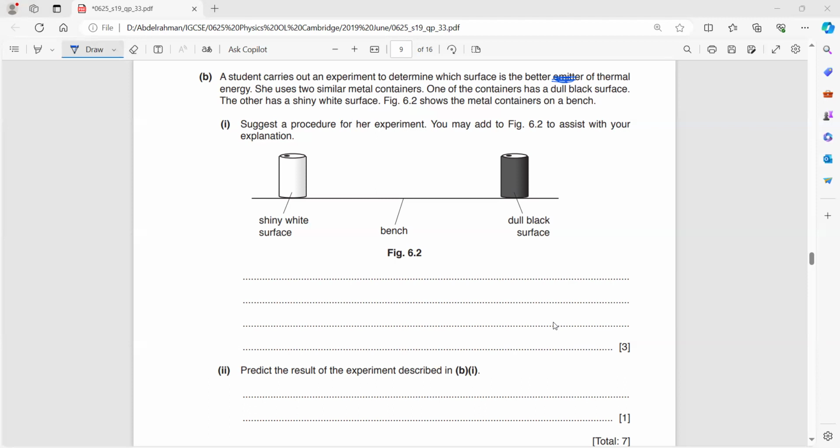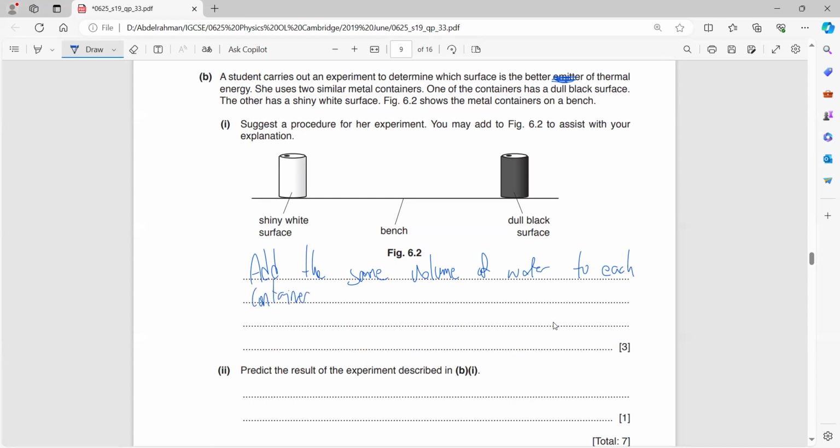So here add, for example, the same volume. Be careful, to make it a very accurate procedure, a very accurate experiment. Add the same volume of water to each container.